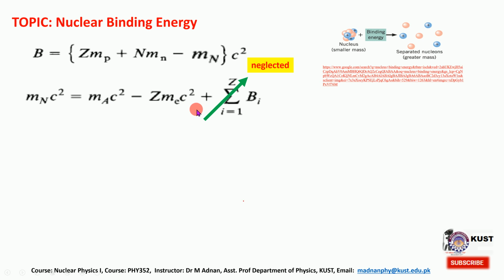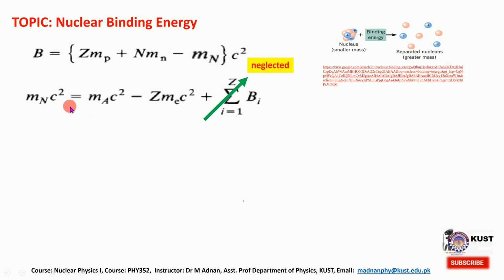Since the electron binding energies are small compared to the rest mass energies for a nucleus, because these are in electron volt or in kilo electron volt, but the rest mass energy for a nucleus is in mega electron volt.